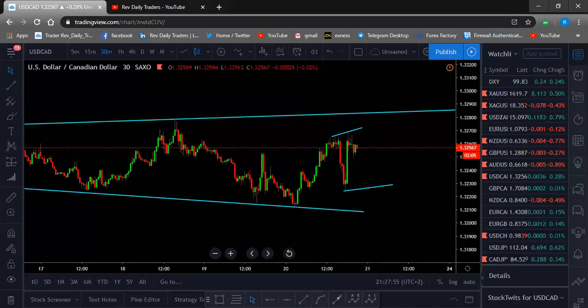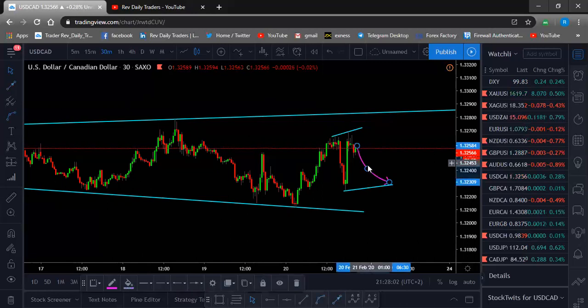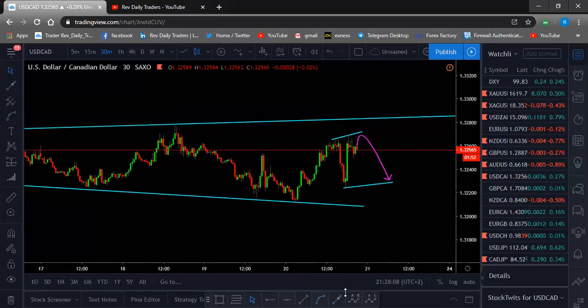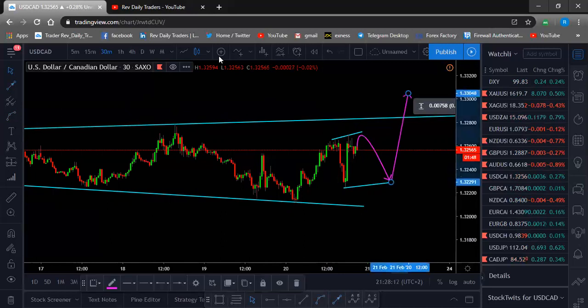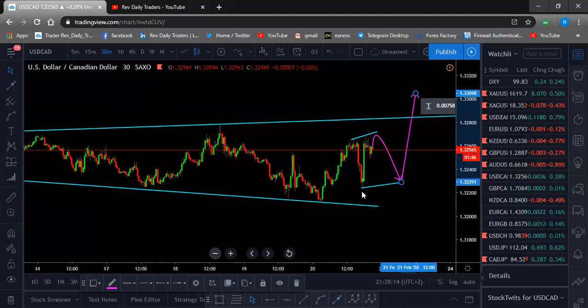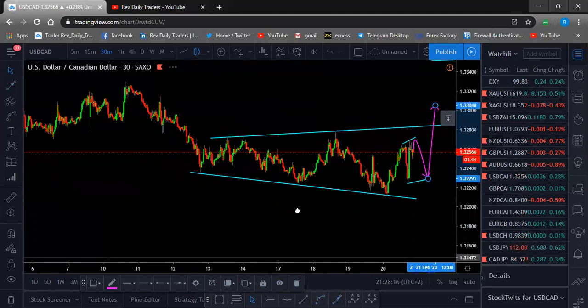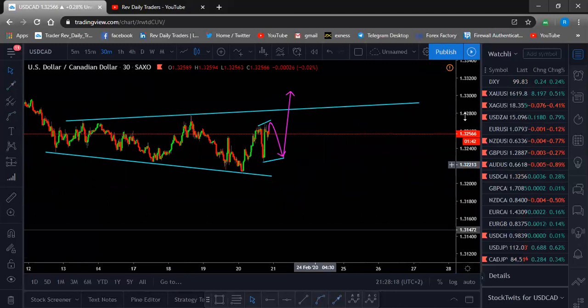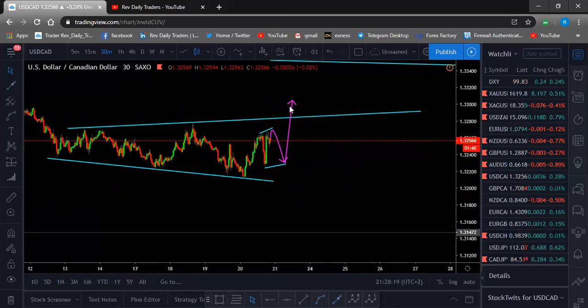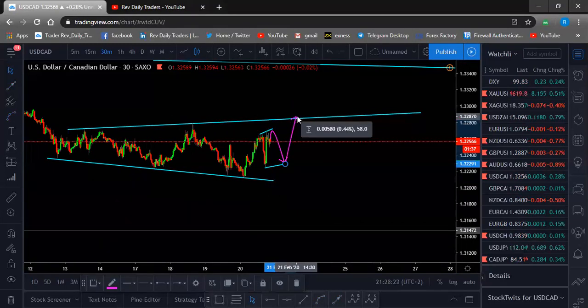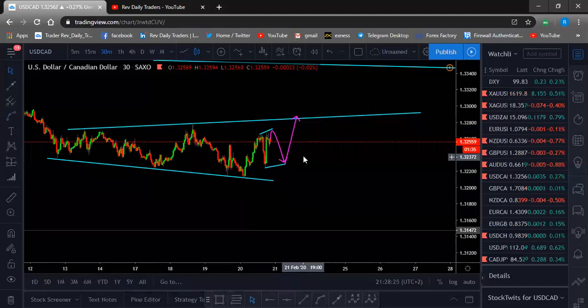When you know your patterns, you'll say the market will give you such patterns, okay? The patterns that you know, okay? Then from there, it's going to give us a high. This high, okay?